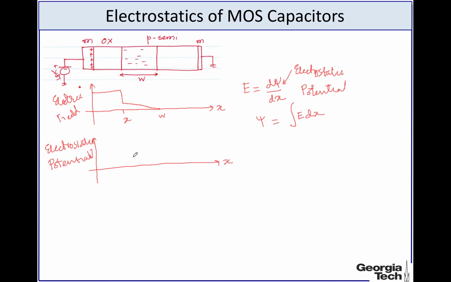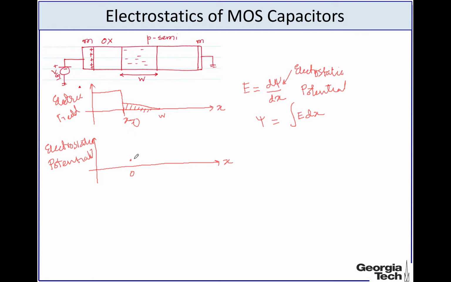Okay, so the most important quantity here is the value of electrostatic potential at x equals 0, and based on this integration the value of psi at this point will be simply, because it's an integration, the area under this curve.